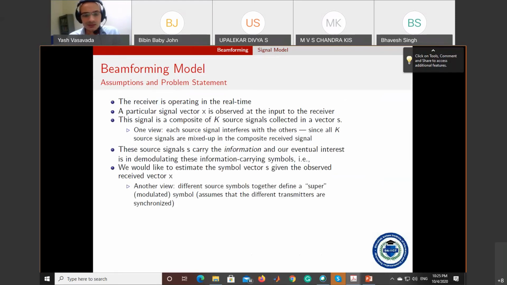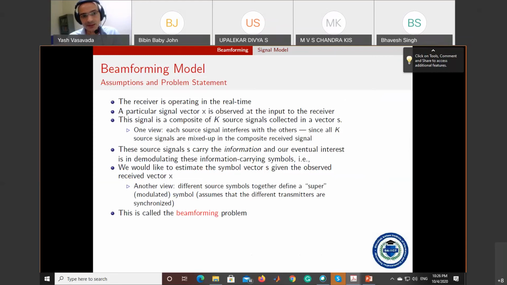But the other view is what we just talked about, that what we are getting is essentially a supermodulation. Different users are transmitting information which is modulating these different basis functions, WF0, WF1, etc. And so now we can say that what our receiver should do, what the beamformer should do, is essentially a generalized demodulation operation.